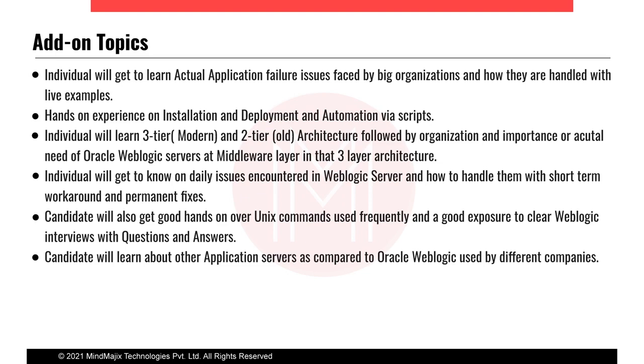In that layer we have all the business logic, because applications are always deployed on the middleware layer. They are never deployed on the web server or any other server, because that exposes the application to the general public, and it could be affected or hacked.